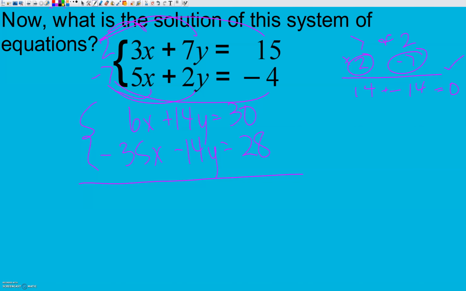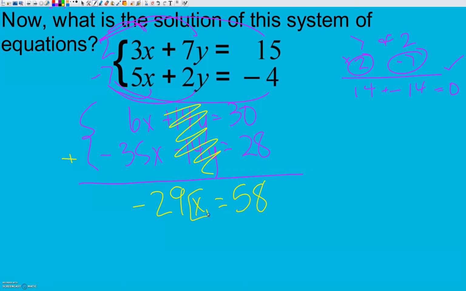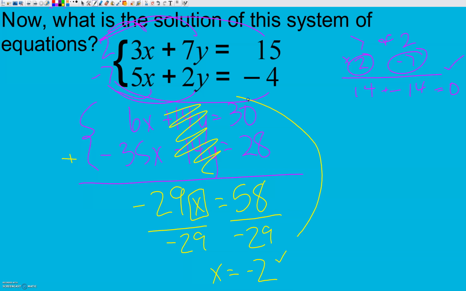So now we can add up our equations because 14 minus 14 is 0. I get -29x equals 58. When I solve for x, I get -2. Now that I know what x is, I can find y by substituting it into either equation, doesn't matter. 5 times -2 plus 2y equals -4.